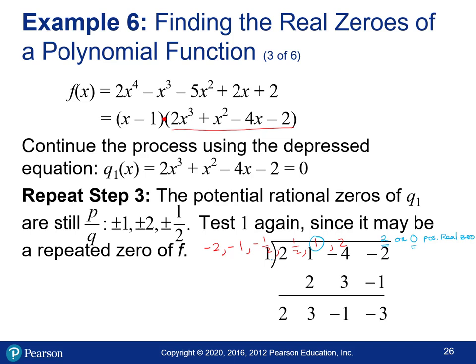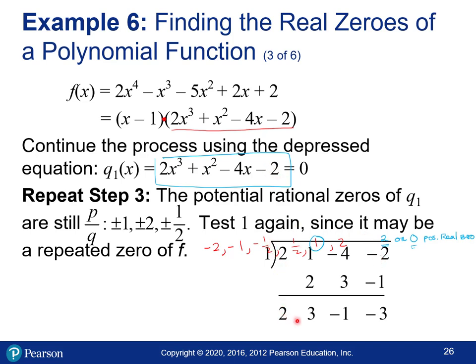And if you test 1 this time, you're testing it into the depressed equation, so notice the coefficients in your synthetic division. Let's just highlight that. That's 2 from the x cubed, 1 from x squared, negative 4 from negative 4x, and negative 2 from here.